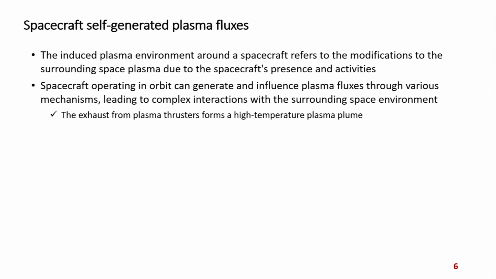Generally chemical thrusters are used, but because of their higher efficiency and the longer period you can use them, electric thrusters or plasma thrusters are getting popular and are being used extensively. When the charged particles are exhausted, they go into the environment and contribute to the plasma environment.